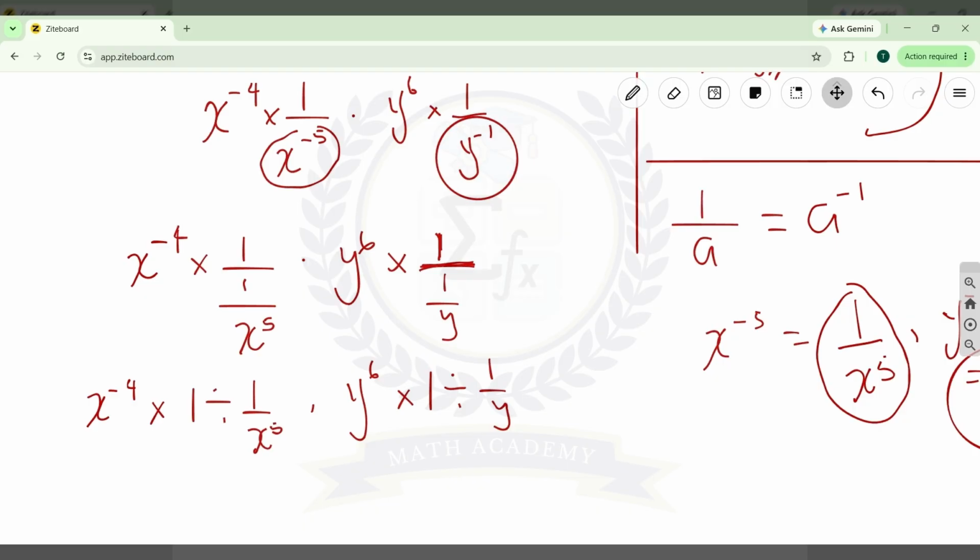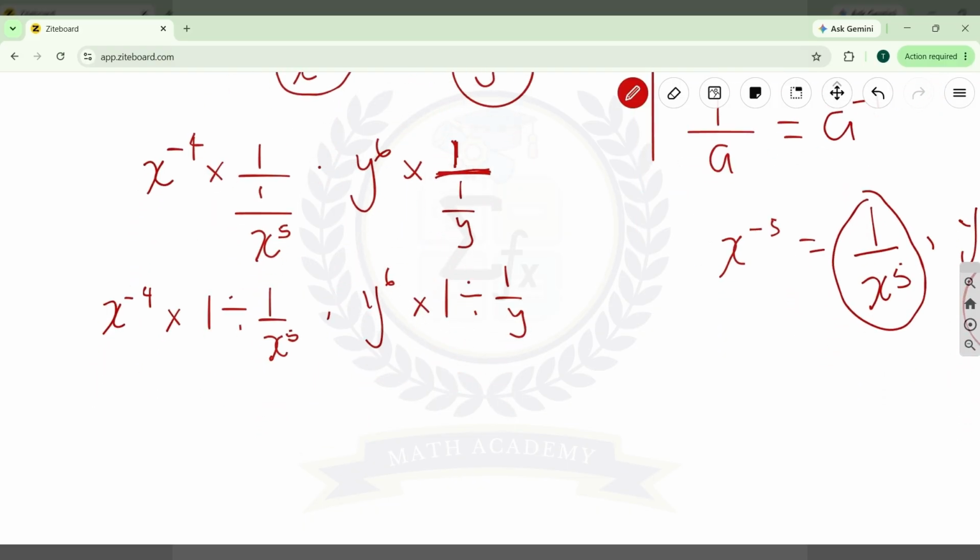And we know our basic law of mathematics: whenever you have a division sign, denominator, you reverse the denominator and change the division sign to multiplication. So this is x to the power of -4 multiplied by 1 times x to the power of 5 multiplied by y to the power of 6 multiplied by 1 times y.